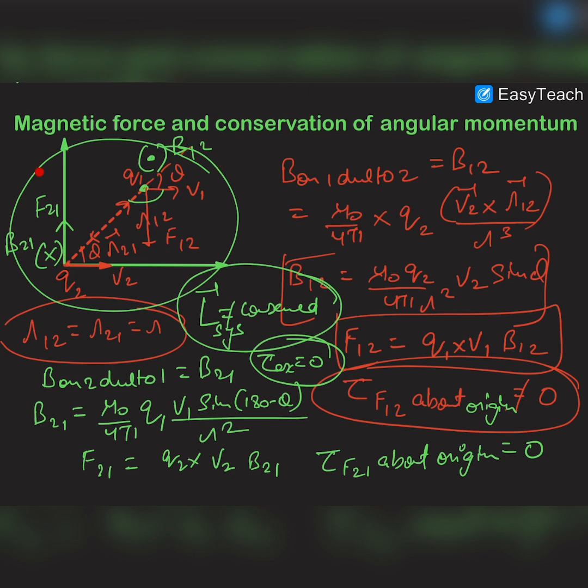Therefore, the net torque of the system will be 0 about origin, and hence we can definitely say that this system is obeying the law of conservation of angular momentum, because net external torque acting on the system is 0, and therefore angular momentum will be conserved.